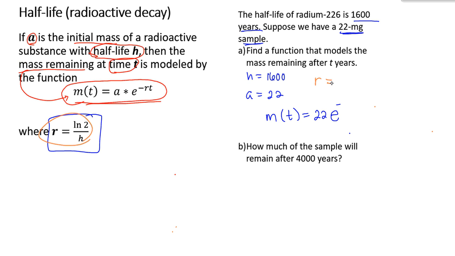R equals ln of 2 divided by h, which was 1600, which is about 0.00043. Now in the calculator, let's look at it on Desmos just so you can see what it looks like.